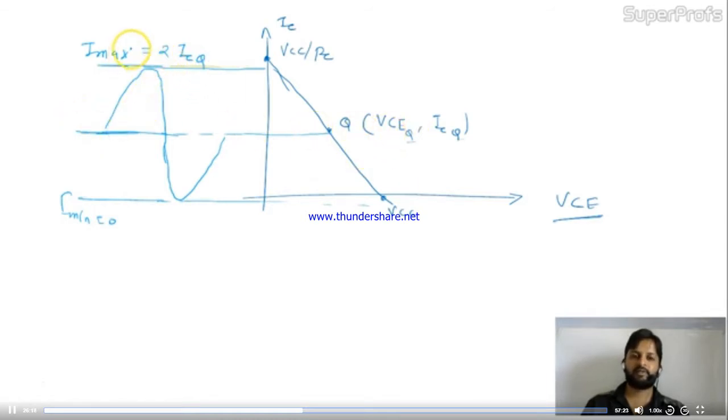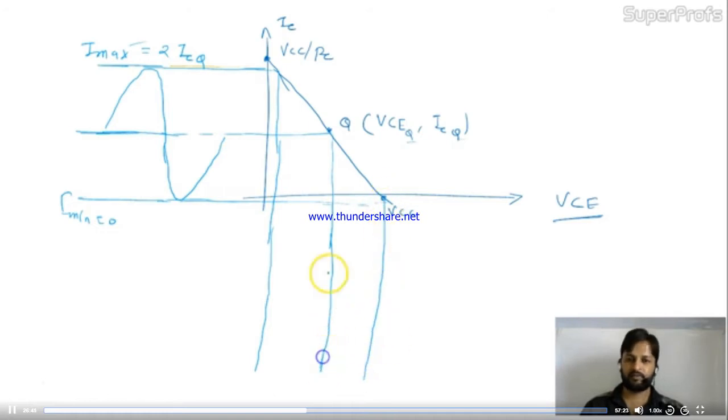So I max is 2 times ICQ. So this entire thing should be amplified or not. This point will come over here and will map at this point like this. This point will come over here and will map over here. Okay, fine. This point will come over here and will map like this. So this portion will get over here like this and like this. So the entire thing will get mapped.